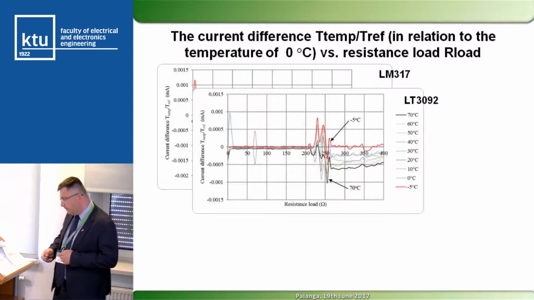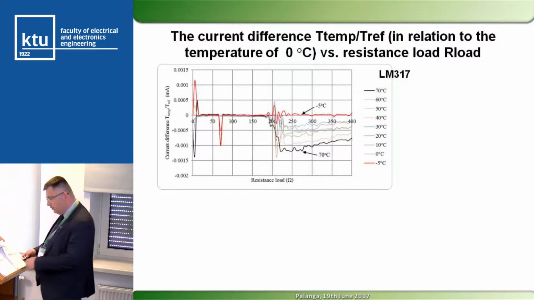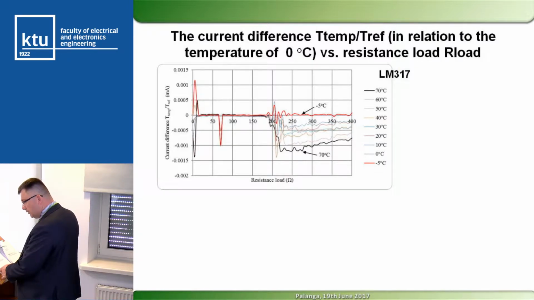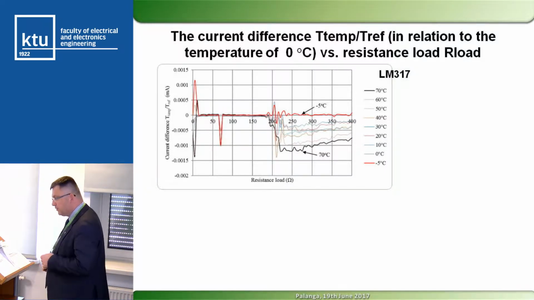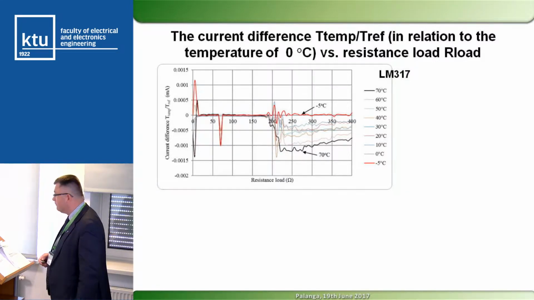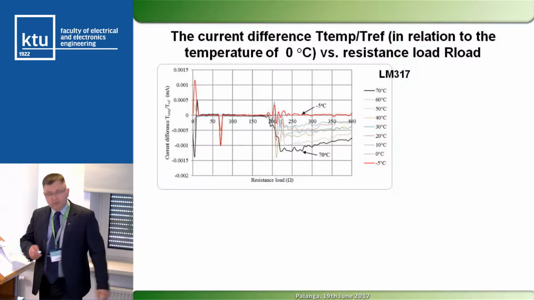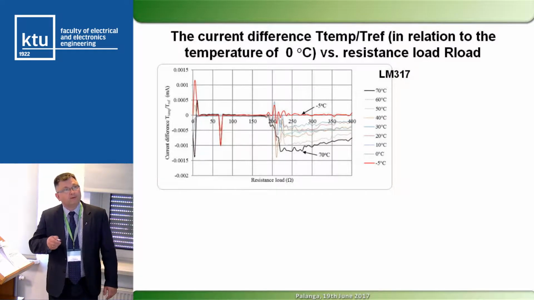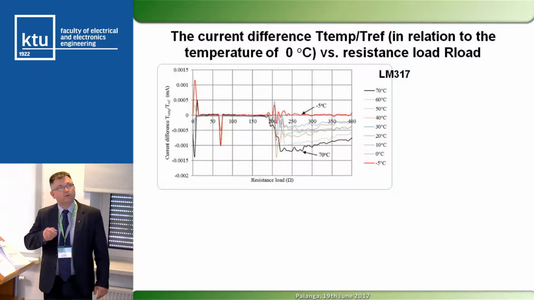Here we can see the characteristics of difference in relation to the 0 degree. As you see, the differences are not big, and in the stabilized part of the characteristic, it's a source of errors I have told you about before.